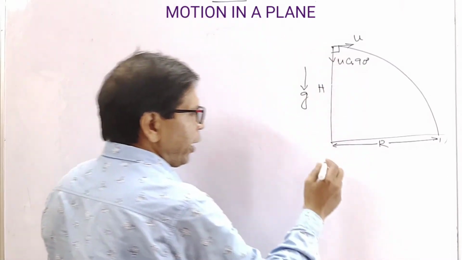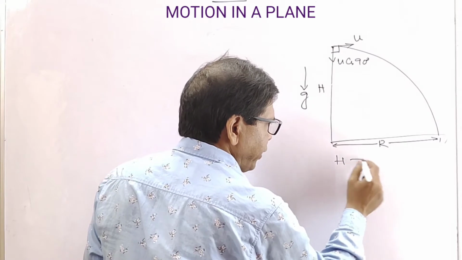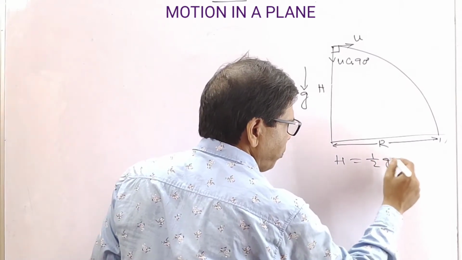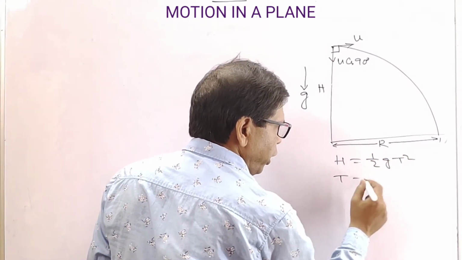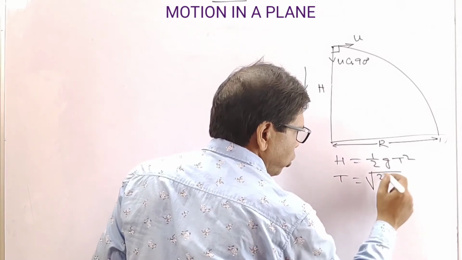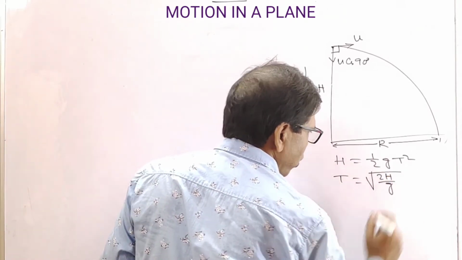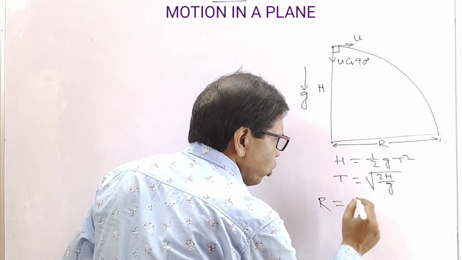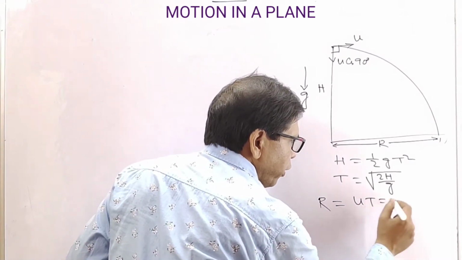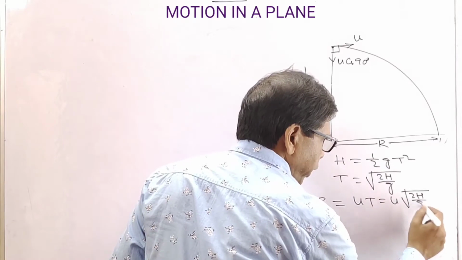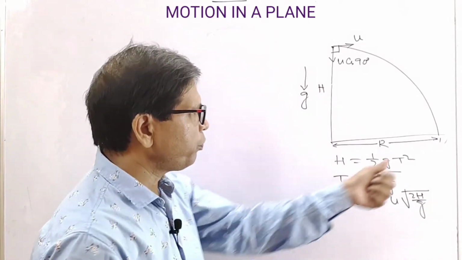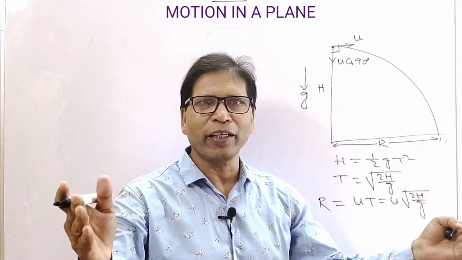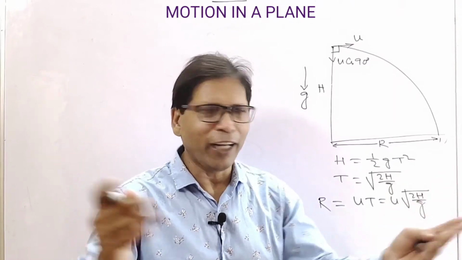If capital T is the time of fall, then h equals half g t square, so t equals root under 2h by g. And the horizontal range capital R equals u into t, that is u into root under 2h by g. Now we have to calculate the velocity at the final point.